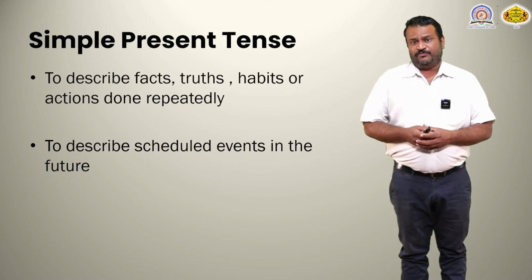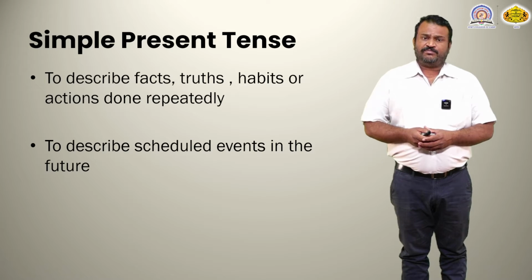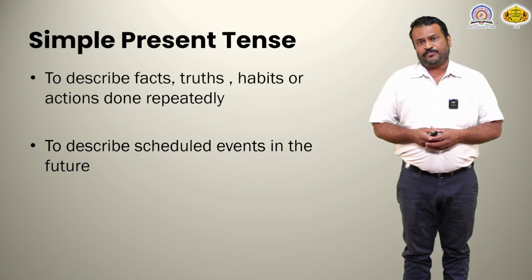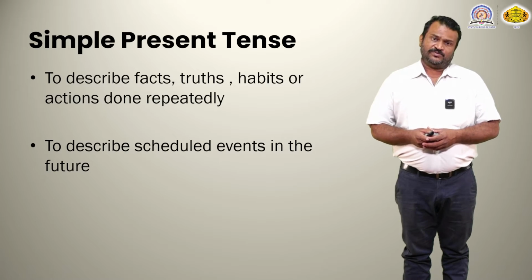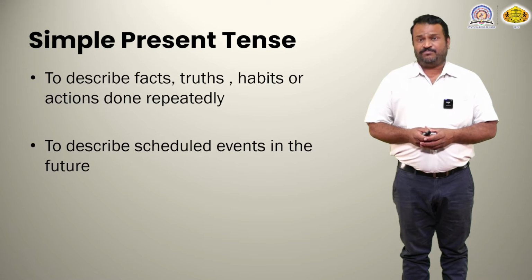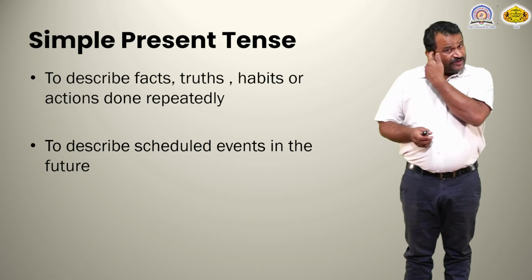And when you talk about your habits, or we also talk in simple present tense about the daily routine also. The things, the actions that take place every day. For example, your daily routine.